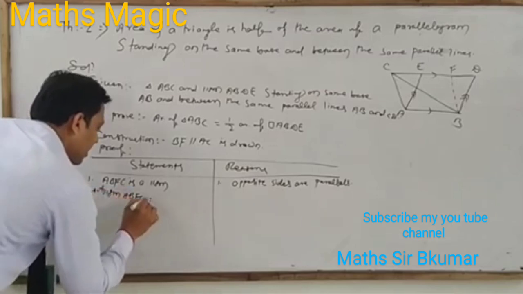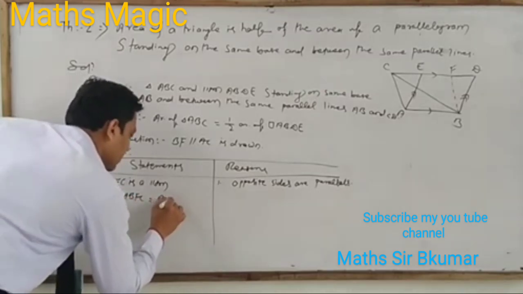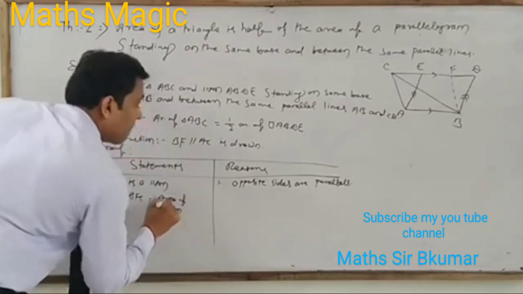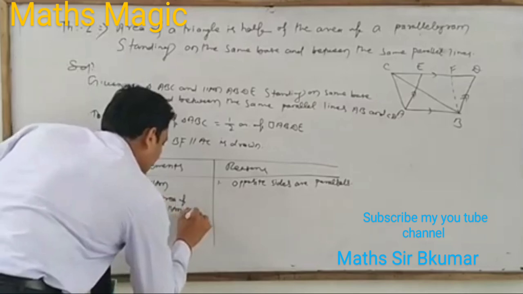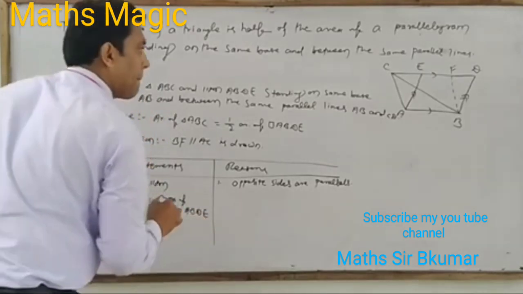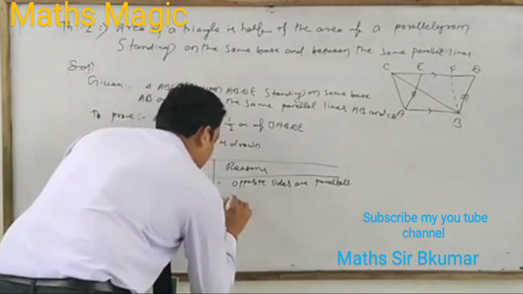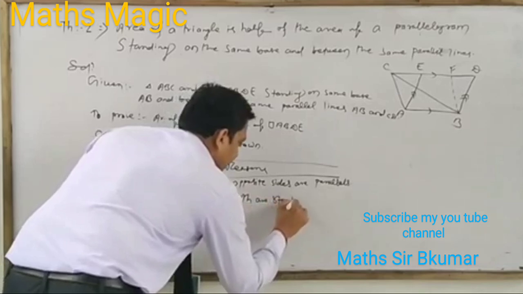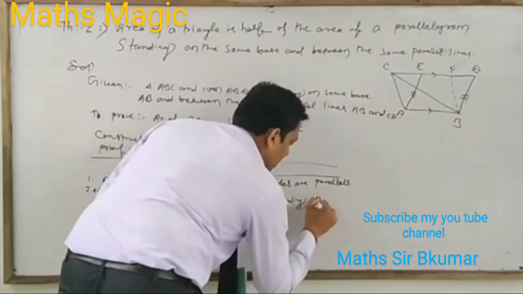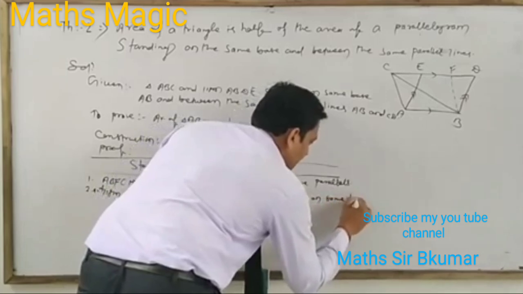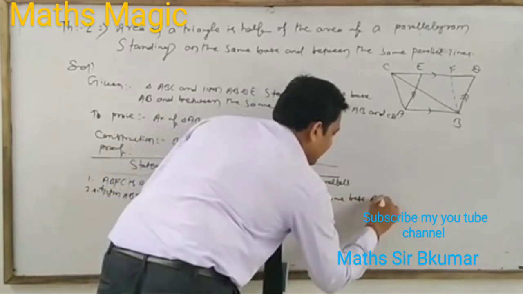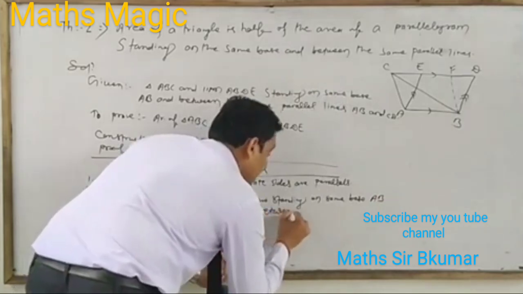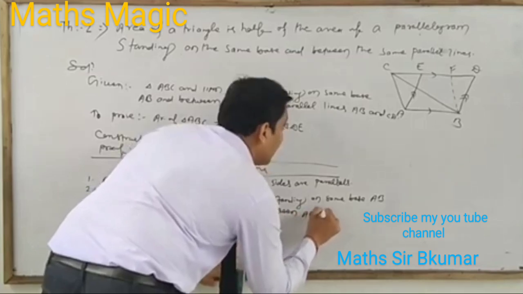Area of parallelogram ABFC is equal to area of parallelogram ABDE. Both are standing on the same base AB and between AB parallel to CD.